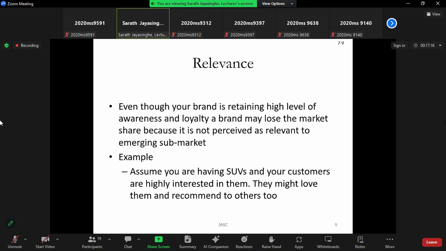There are many examples we can discuss, but here we mentioned the other day the SUV. Assume you have an SUV. SUV means sport utility vehicle, and your customers are highly interested in them. They might love them and recommend them to others. SUV is something not a Jeep and not a car, in between.